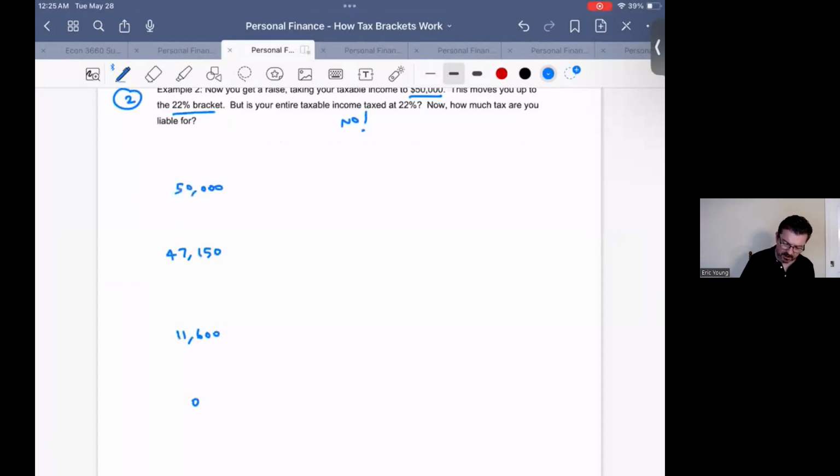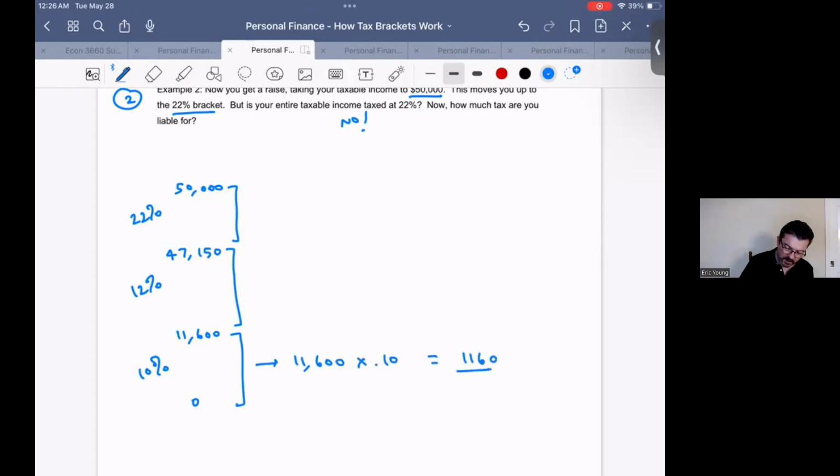So we have here like three different chunks, three different brackets, or three different buckets of money. And this first one's going to be taxed at 10%, and then 12, and then 22%. So this means that 11,600 will be taxed at 10%. So that's going to be 1,160.